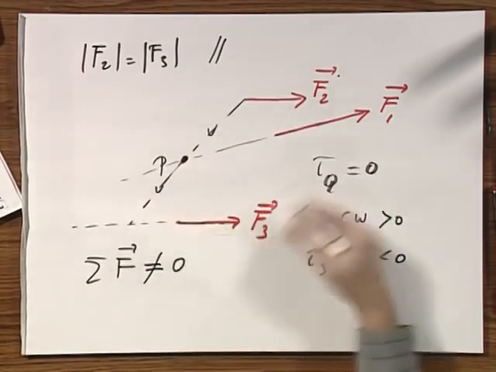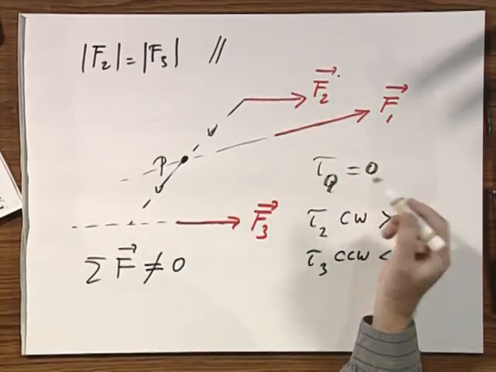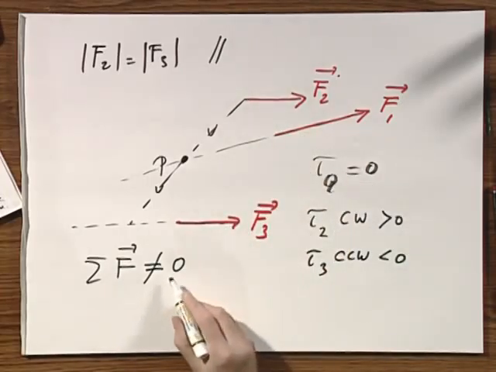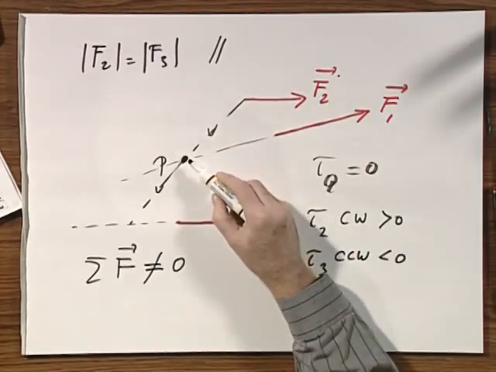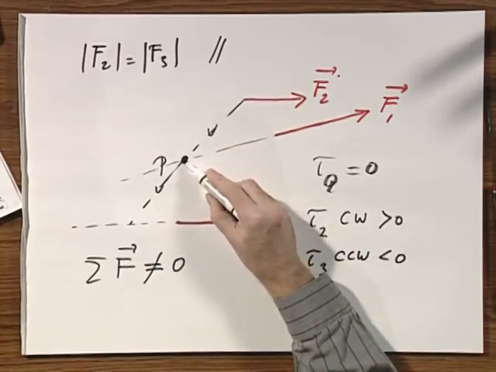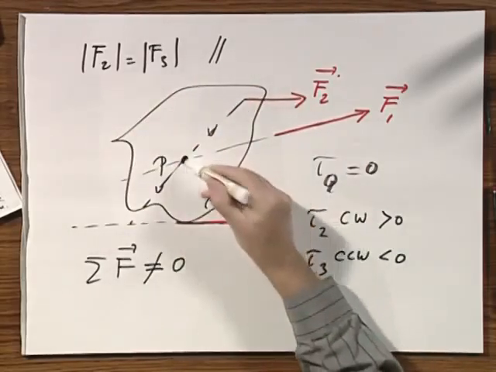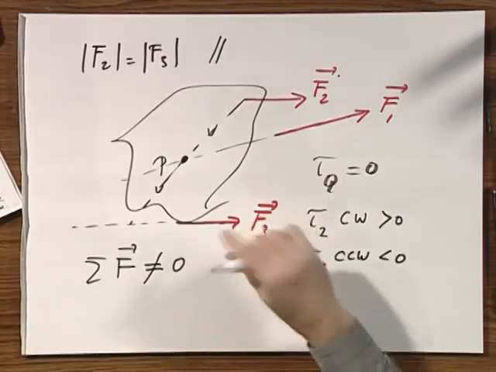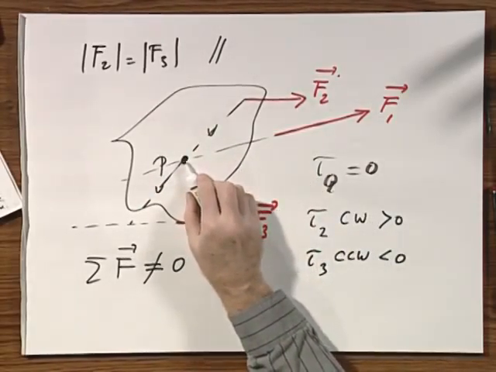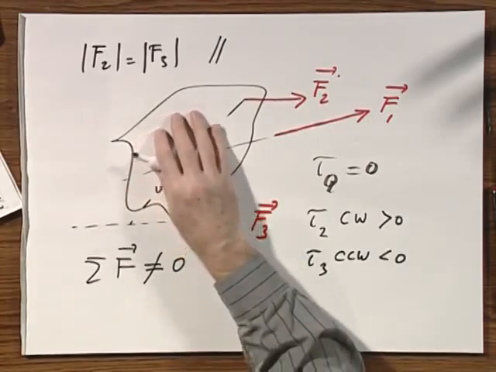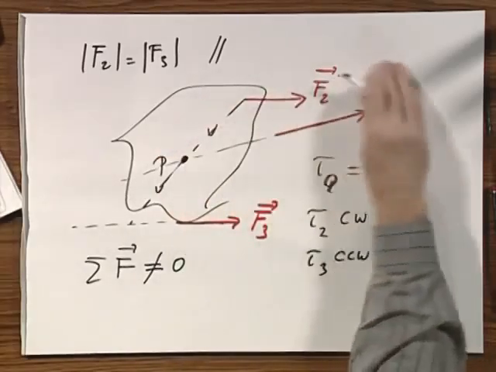So here you have a situation that the sum of all torques is 0, but that the sum of all forces is not 0. And if these forces acted on an object of which P was the center of mass, then there would be no rotation, but this point P would undergo a pure translation, the whole object would undergo a pure translation with constant acceleration along a straight line.